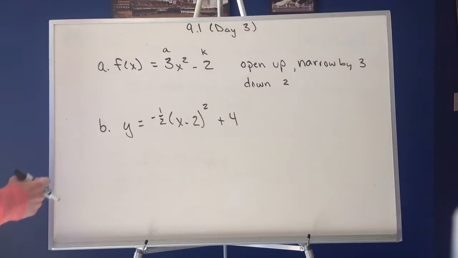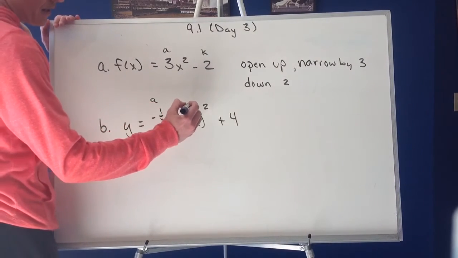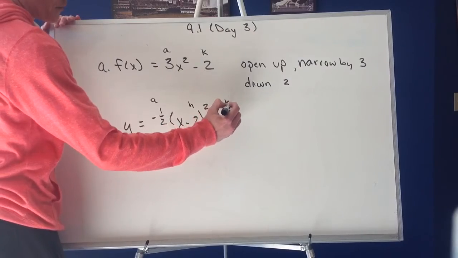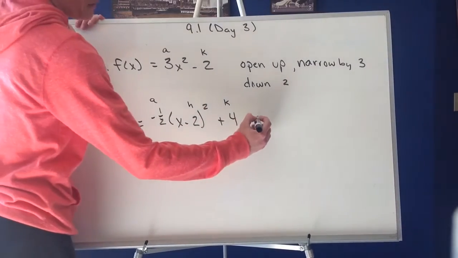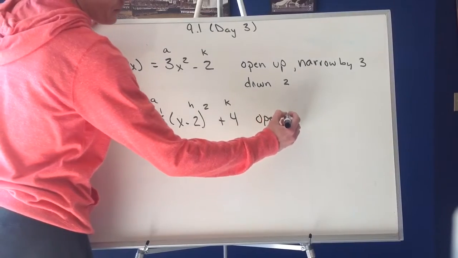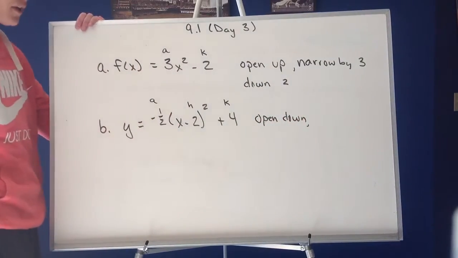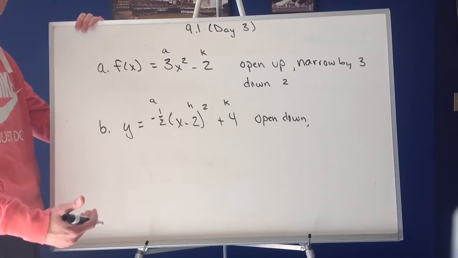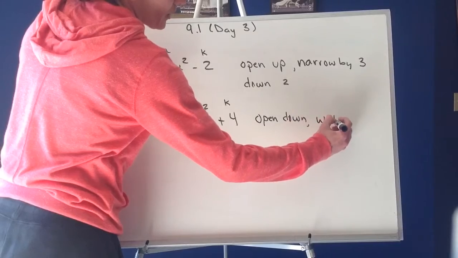Okay, for B, kind of the same type of idea. This would be your A, this would be your H, and this would be your K. Because the A is negative this time, it is going to open down. Absolute value of negative 1/2 is 1/2, which is less than 1, so that tells me it's going to get wider.